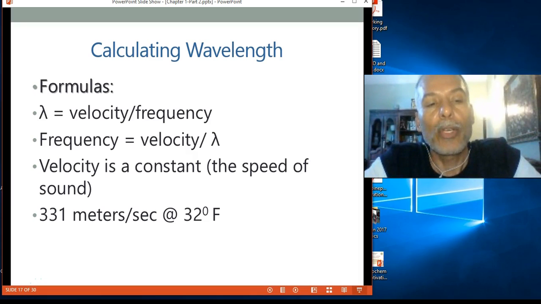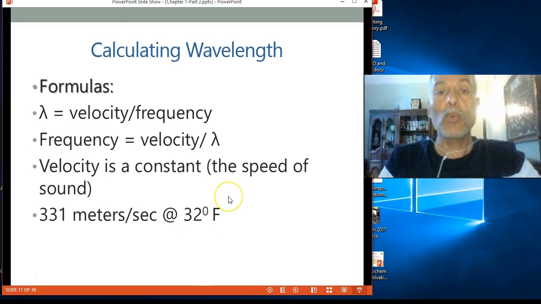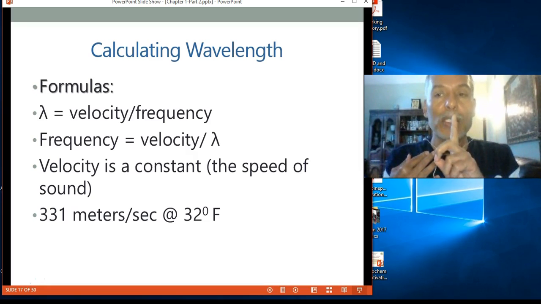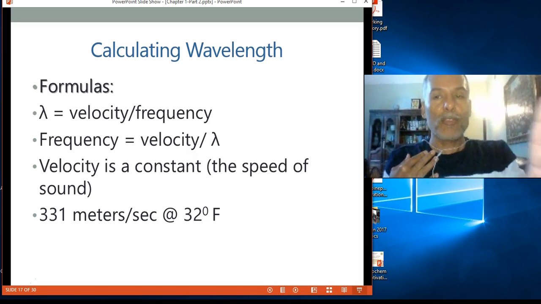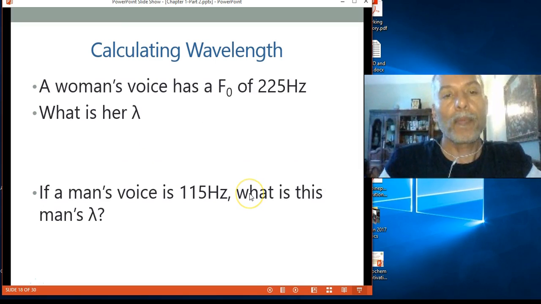So 331 meters per second at sea level at freezing temperature, 32 Fahrenheit or 0 centigrade. So I simply want to figure out, if I am standing here, how far does my sound wave, a single sound wave, travel? How long is the length of that wave?